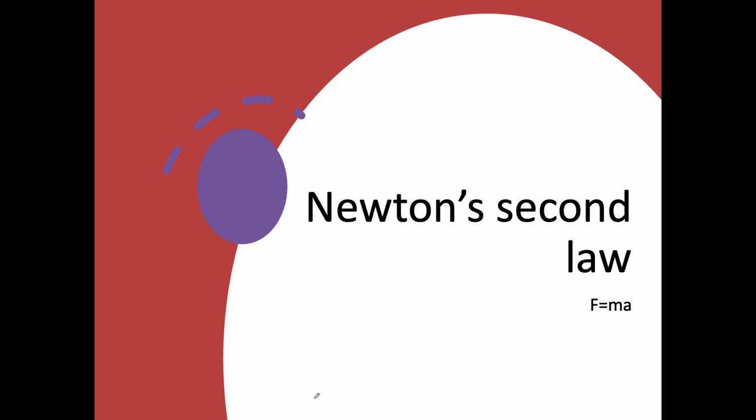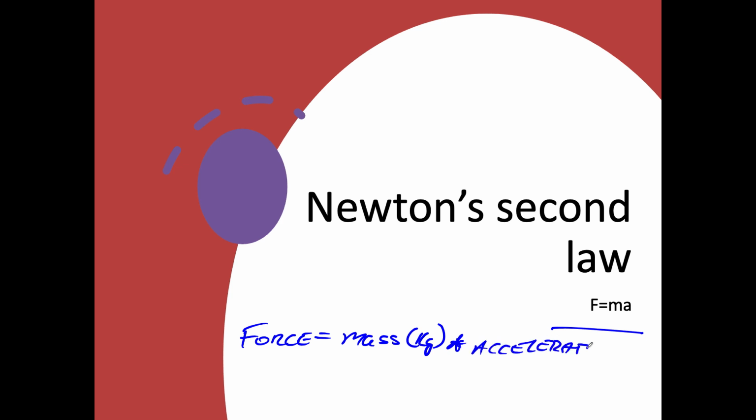Now, the second law is basically this equation. Force is equal to mass times acceleration. So force is equal to the mass in kilograms times acceleration, and that's in meters per second squared.